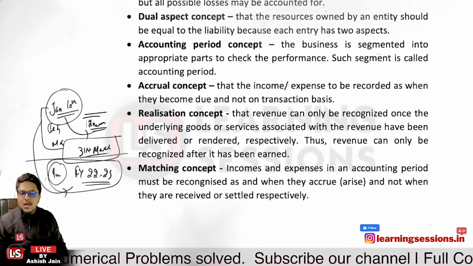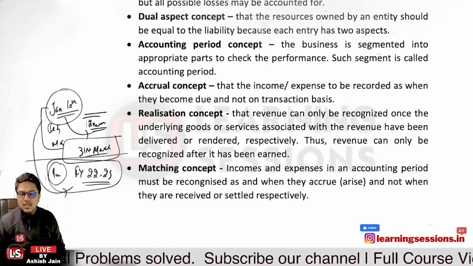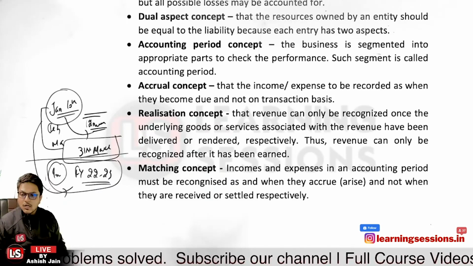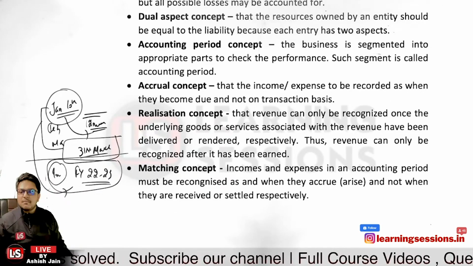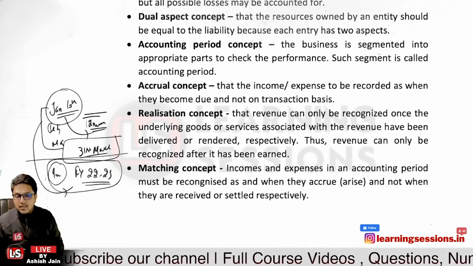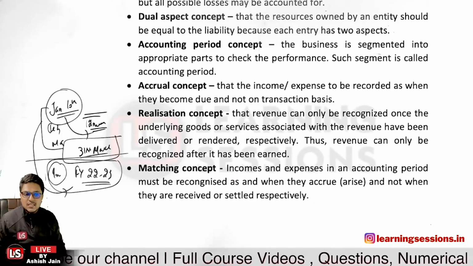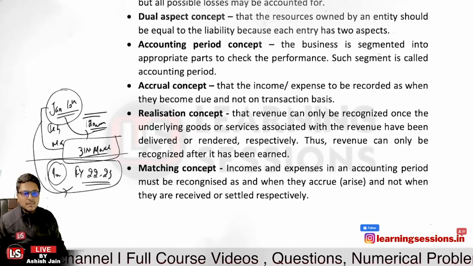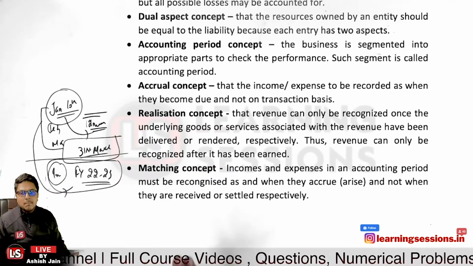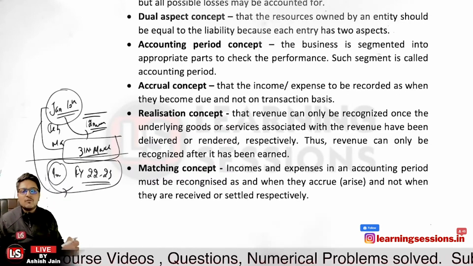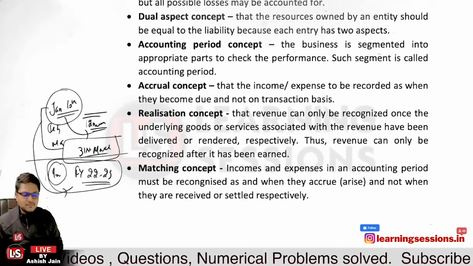It will be accounted in the next year itself. That is the matching concept itself, that says that incomes and expenses must be recognized as and when they accrue and not when they are received or settled respectively. Okay.